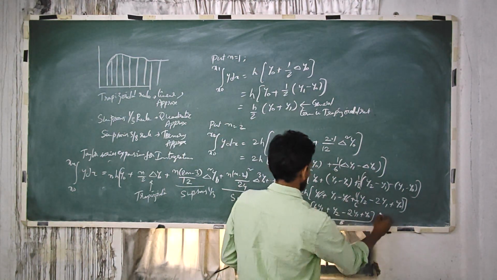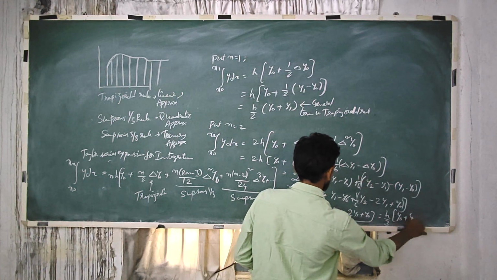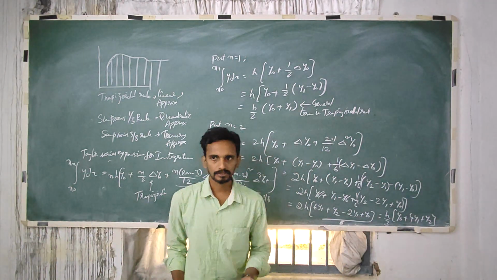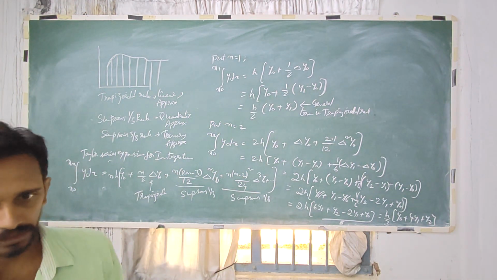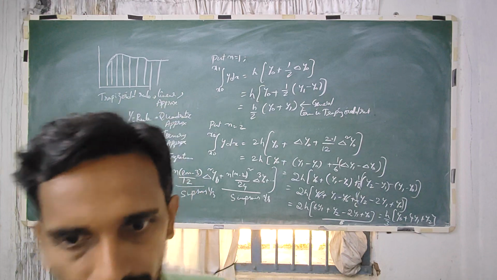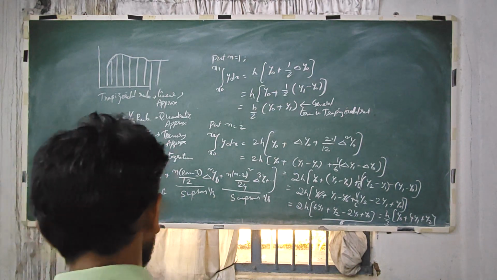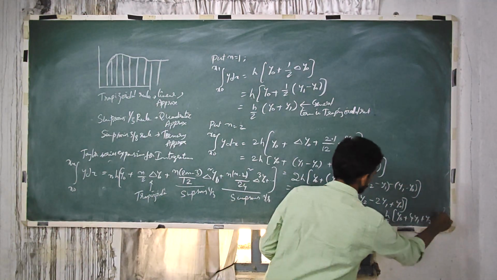So it is h by 3 times y0 plus 4y1 plus y2. So that is the general term for Simpson 1/3 rule.